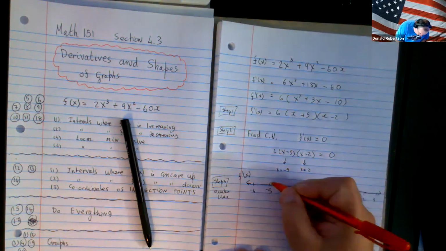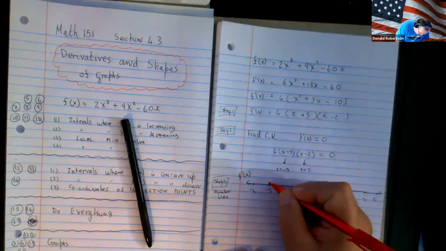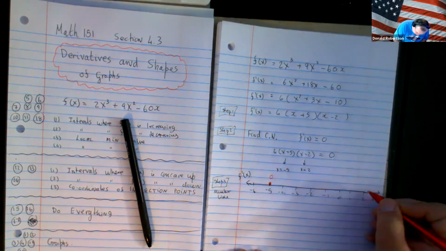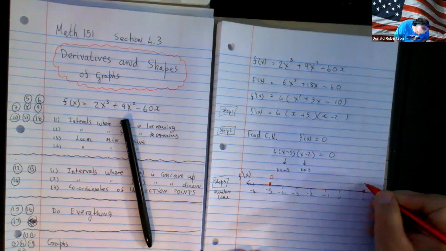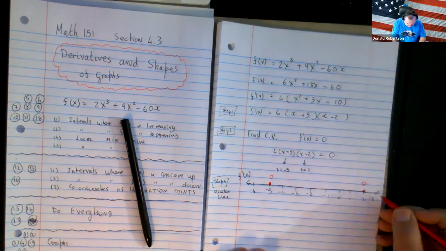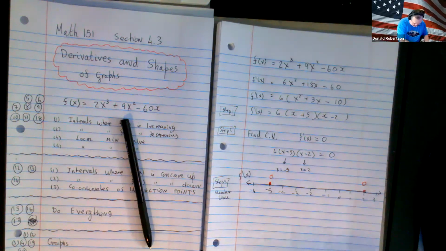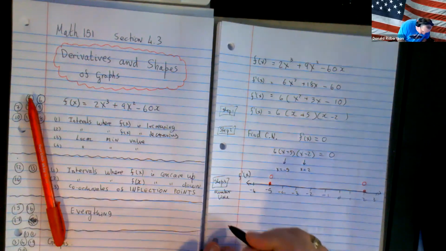So at x = -5, the derivative is 0. And at x = 2, the derivative is 0. And those little arrows mean that the function continues in both directions forever. And I do step 4.